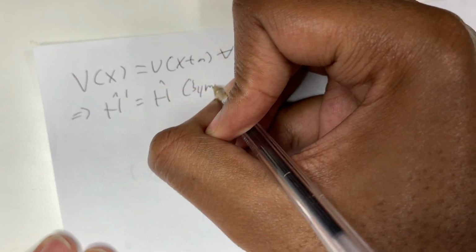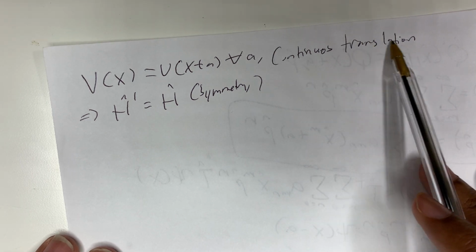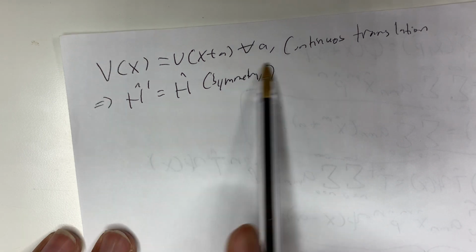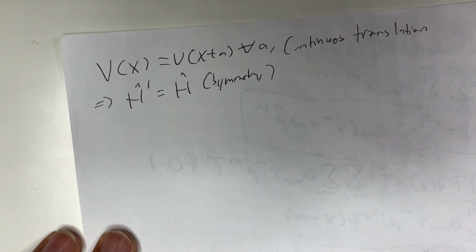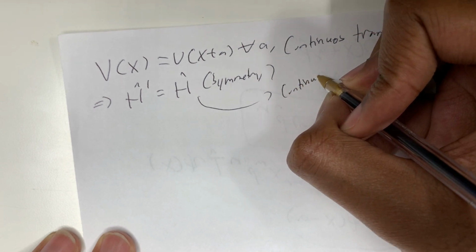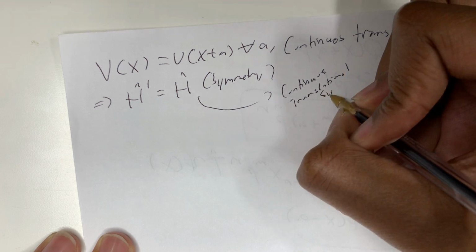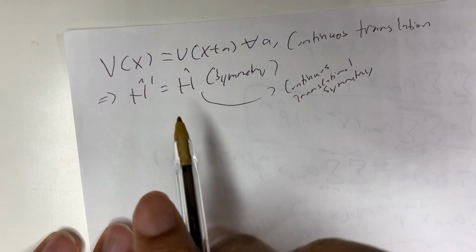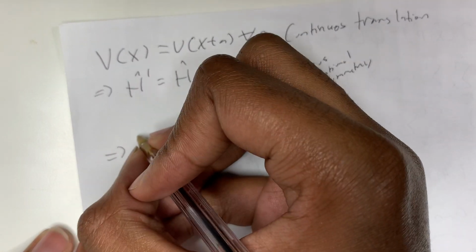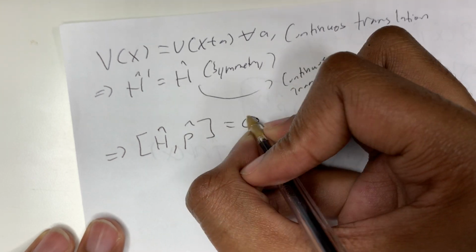That's the symmetry. You could call it either one of these, but this symmetry is said to be a continuous translational symmetry. And from this, we just found out that the Hamiltonian and the momentum operator commute.